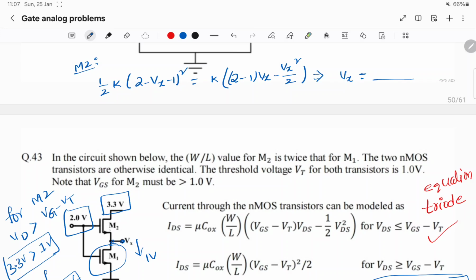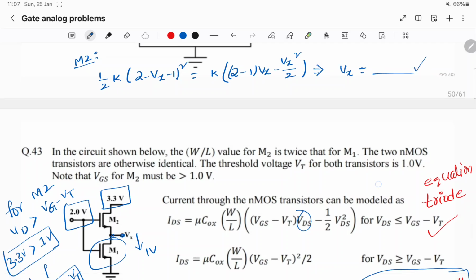Vgs for M2 will be 2 minus Vx, and Vt is given as 1 volt. And M1 is in the triode region, so it will be K times (VGS minus VT) into VDS minus half VDS squared. VGS will be 2 volts, and VT is 1 volt, so 2 minus 1 into VDS, where VDS is Vx, minus Vx squared by 2. If you solve the quadratic equation, you will get the answer. I am not solving it here.